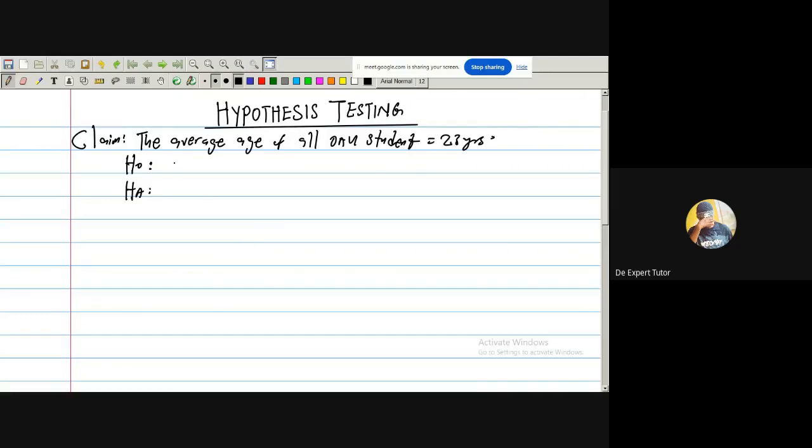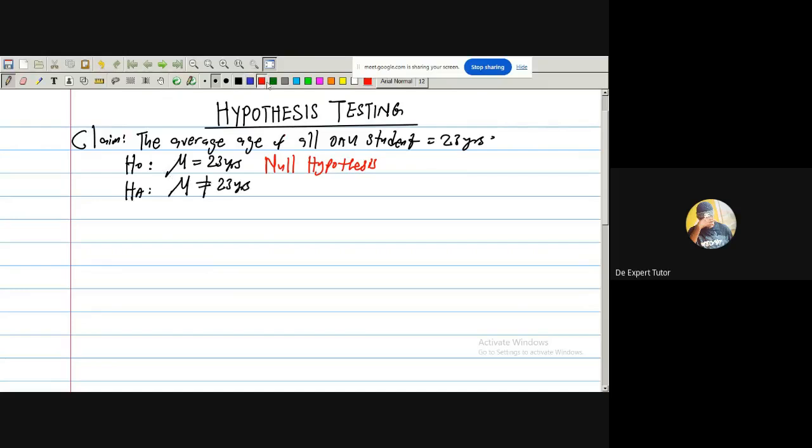Take note that the null hypothesis means that the average age is equal to 23 years. This is what we have written here as the null hypothesis. I will explain further, don't worry. And what is the alternate hypothesis? The alternate hypothesis means that the average age is not equal to 23 years.